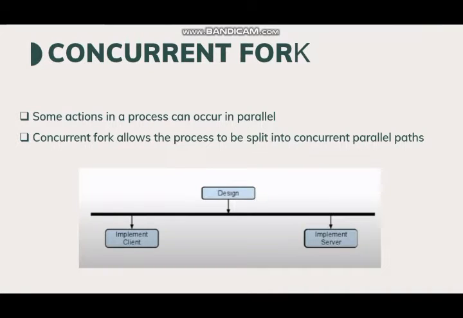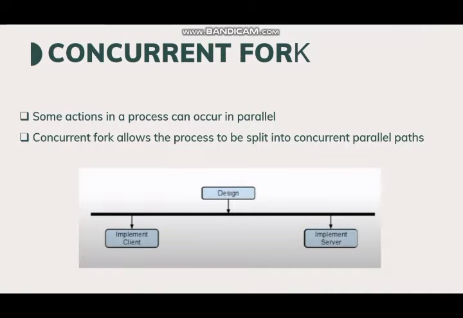From the originating transitions we have states that are reached in parallel, presumably by different entities within the system. Thus, the concurrent fork allows our process to be split into multiple concurrent paths, things that can be done at the same time, and then we can get back together later.